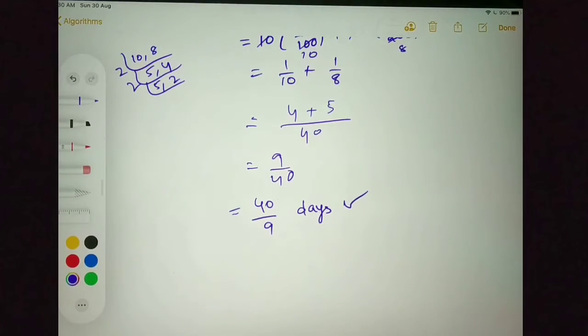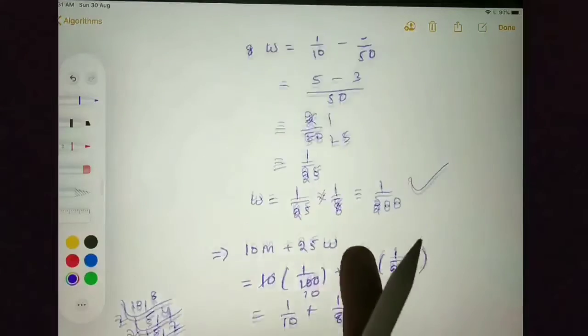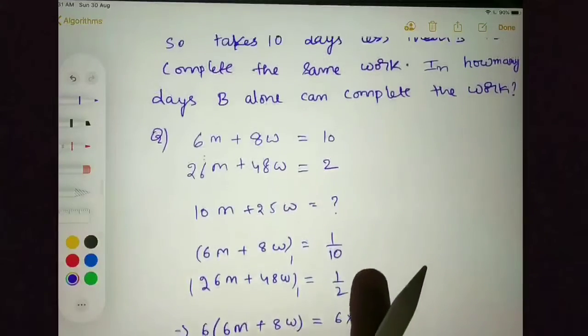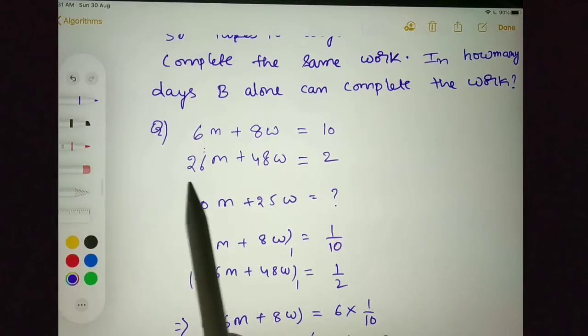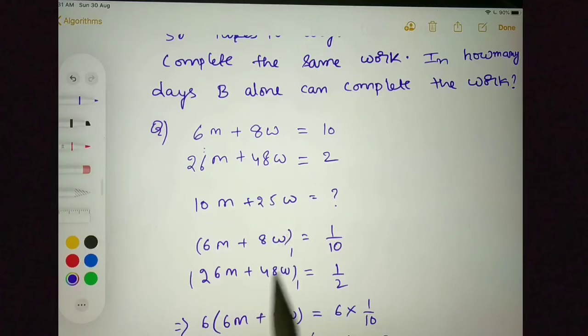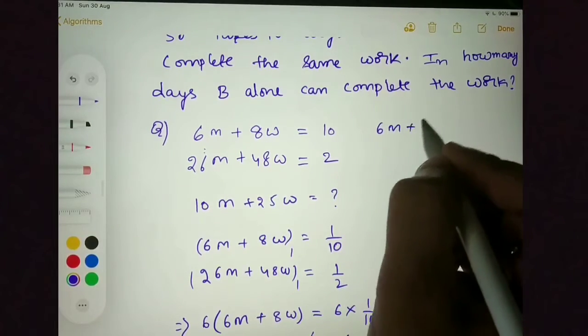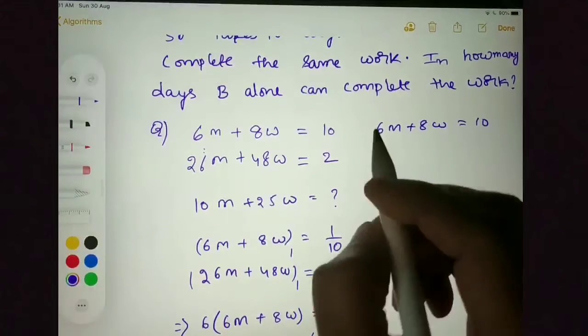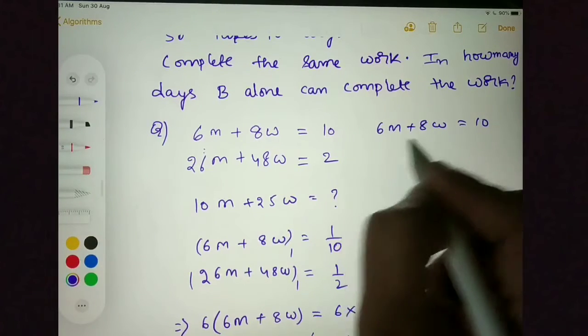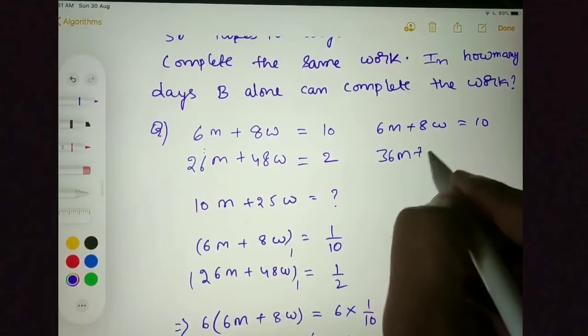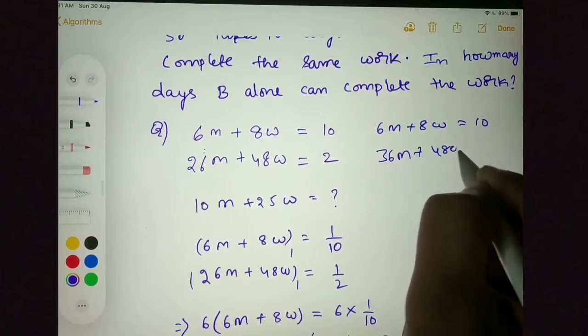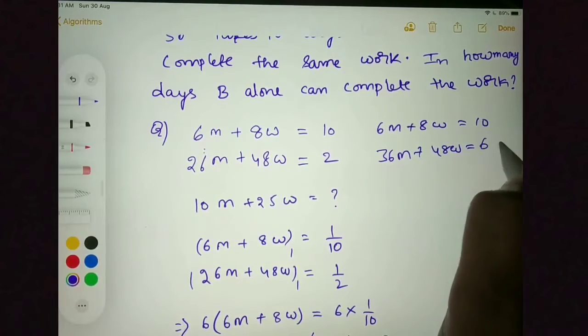This is the answer. In these kinds of problems, generally the mistake we make is we try to solve the equation as it is. Instead of taking 1 day's work and solving, we may try to solve like this: 6 men plus 8 women is equal to 10, and after multiplying it with 6, 36 men plus 48 women is equal to 60.